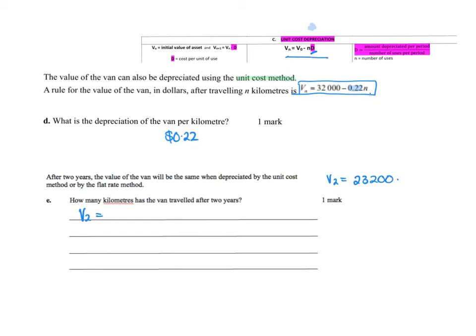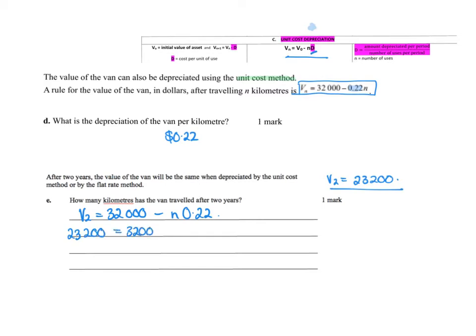So I'm looking up here. We know that it was 32,000 to begin with, minus n, which is what I want to know, and I know that D is 0.22. But I know I'm using V2, so when it's V2, I put that in.